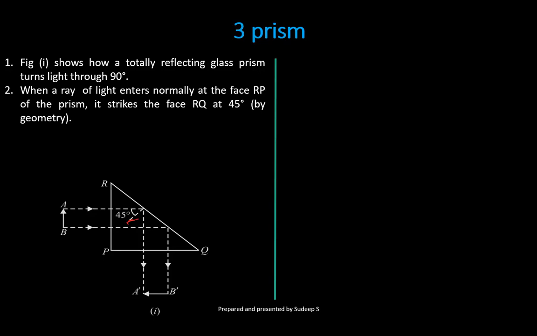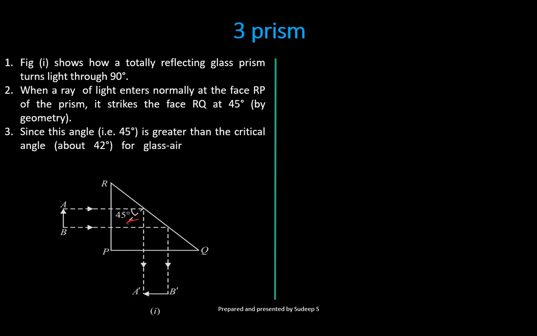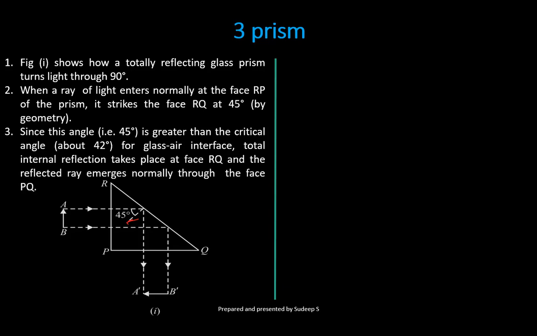Okay, now since the angle is greater than the critical angle, 42 degree for glass air interface, the total internal reflection takes place at RQ. Okay, and the reflected ray emerges normally through the face PQ. Okay, normally through face PQ.